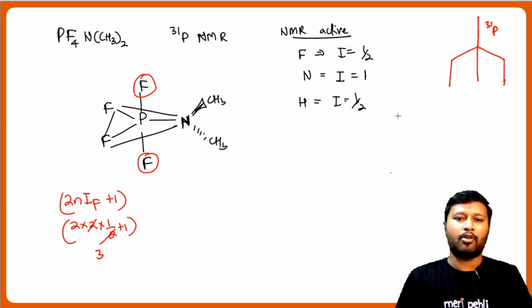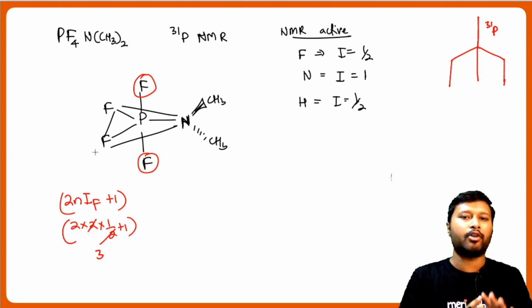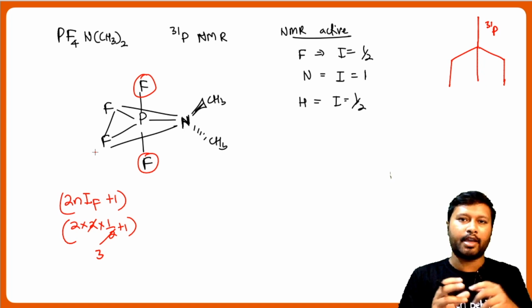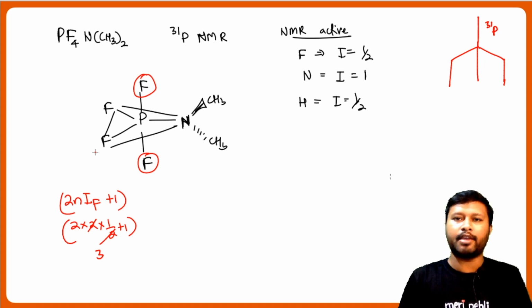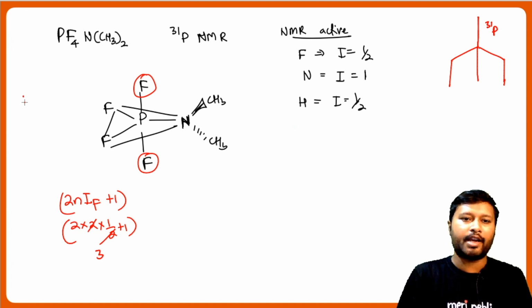All right, now next we have nitrogen and we have fluorine at the same distance. Now when you have two groups at the same distance, who is going to cause more splitting? That should be done according to the J values, and they will generally give you that in an exam. But for now we are assuming that JPF is greater than JPN.